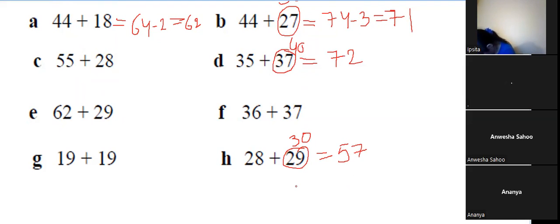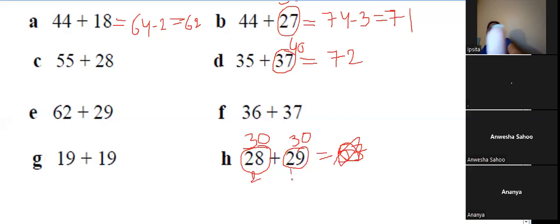Or one more way: I'll take this number as 30 and this number also 30. 30 plus 30 is 60. How much did I take extra? Here 2 extra, here 1 extra. Together 3 extra. 60 minus that 3 will be 57 again.